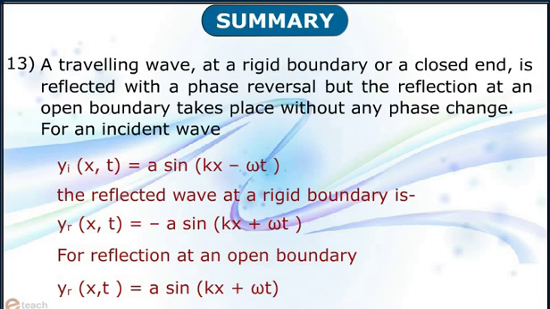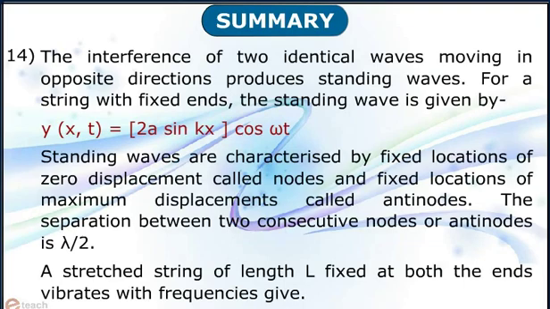The reflected wave at a rigid boundary is y_r of x and t equals minus a sin(kx plus omega t). For reflection at an open boundary, y_r of x and t equals a sin(kx plus omega t).